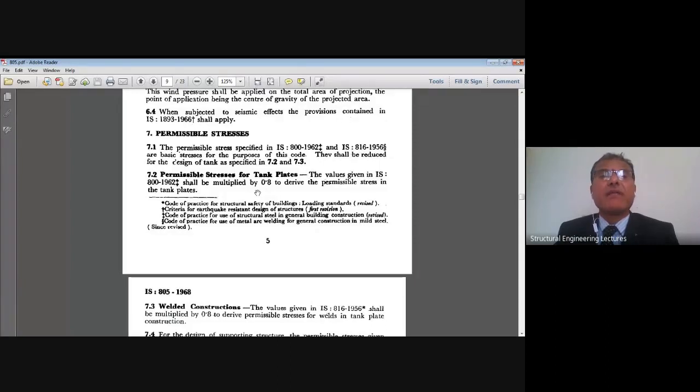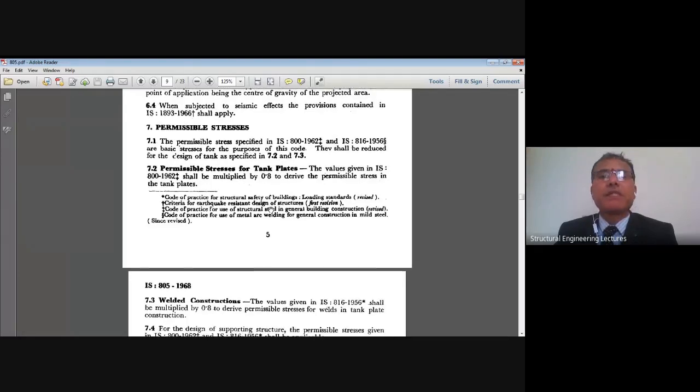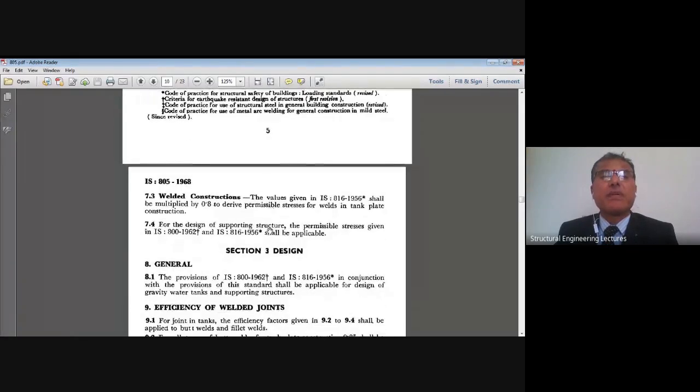Then, as per IS 800-1962, the stresses that are mentioned for design of compression, tension, bending, etc., are applicable, but if the members are submerged in water, in contact with water, the stresses are multiplied by 0.8, meaning the stresses are reduced by 20%.